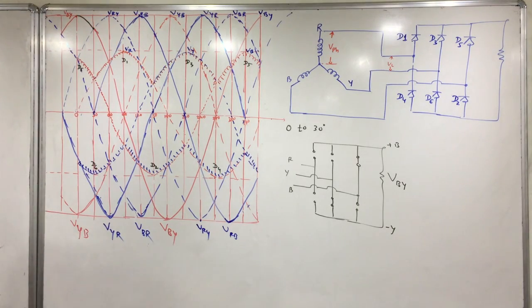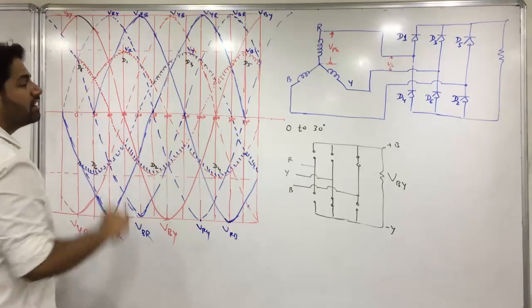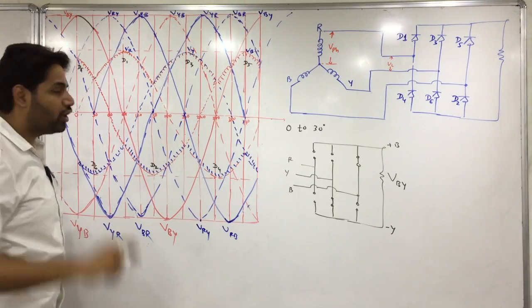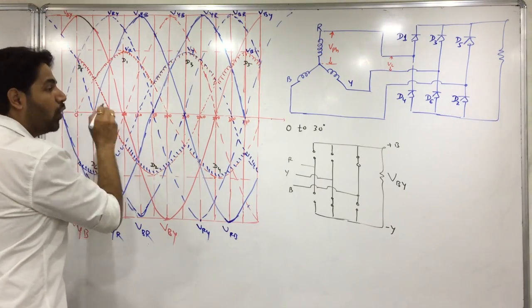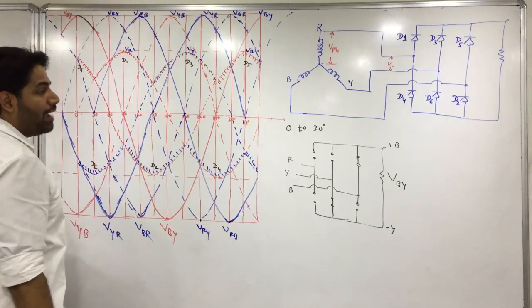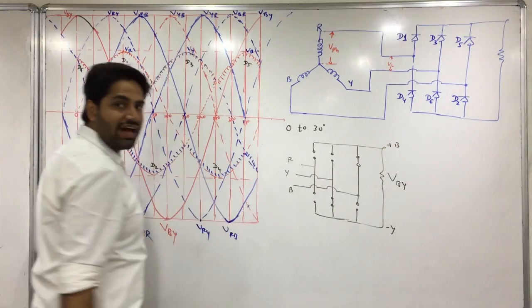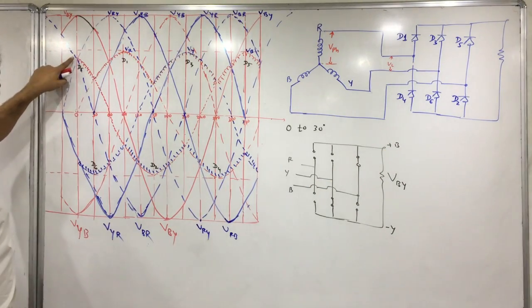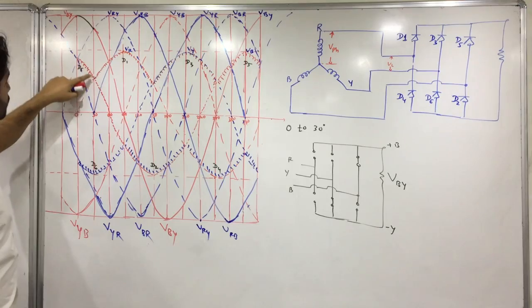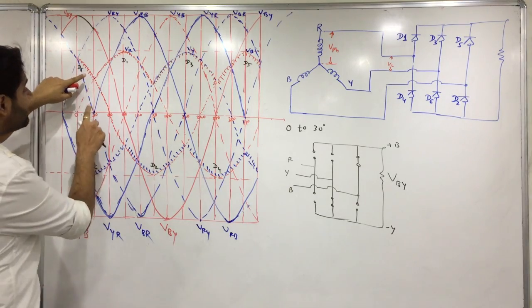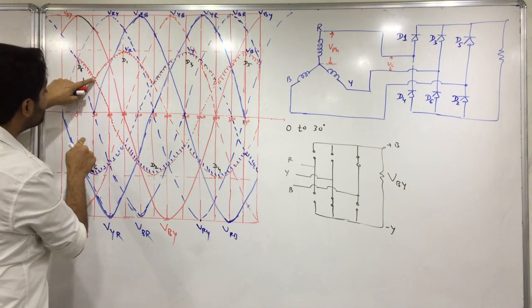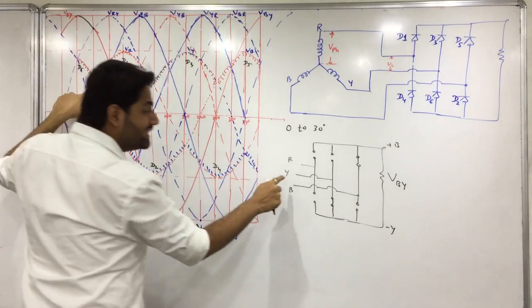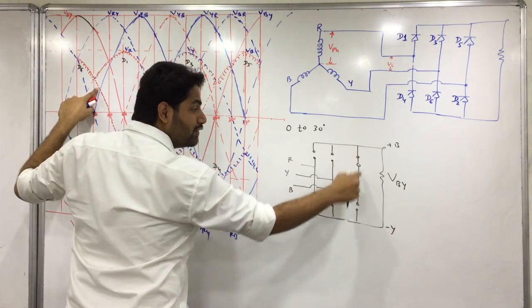Clear? Now let's talk about the instant when 30 appears. The moment 30 will appear, what will happen? Here plus B voltage was coming, this phase voltage was coming at that time. The moment 30 is crossed, B will reduce.